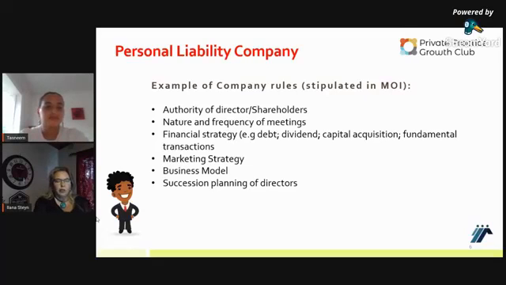Obviously. So I would say do not go into too much detail. I mean, you don't want to change the MOI the whole time if you decide to make some changes to the company or to the decisions being made. But maybe stipulating that certain expenses, I think we touched on this the previous time as well, to say anything above 10,000 rand needs the approval of 2 or 3 directors.